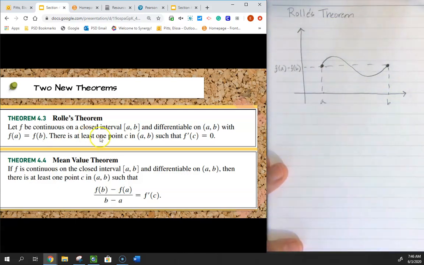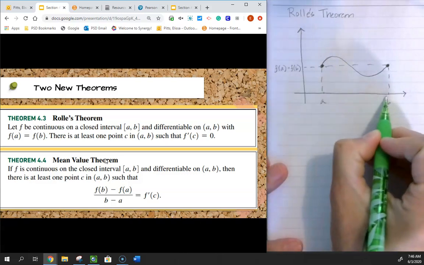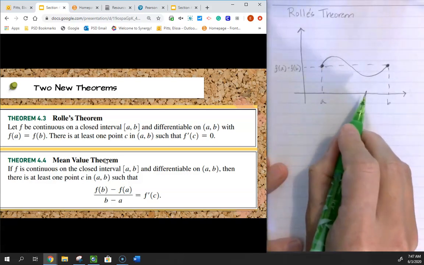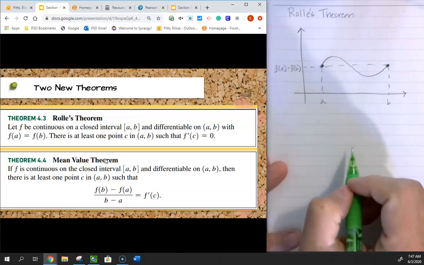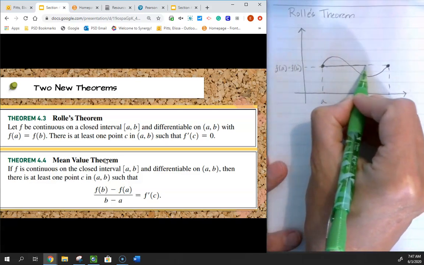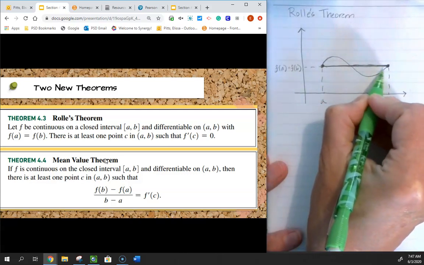There's at least one point c in (a, b), so some x value c within (a, b), such that f'(c) is equal to 0. All right, and what that's going to come from, and the part of the mean value theorem that we're going to extend to, is that we're going to connect these endpoints with the secant line between these endpoints.